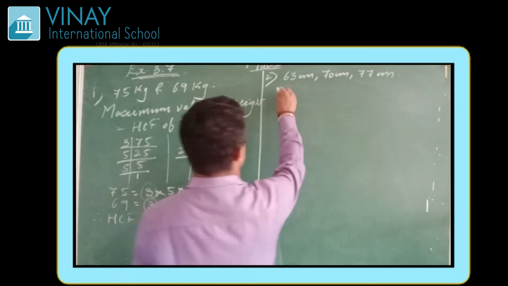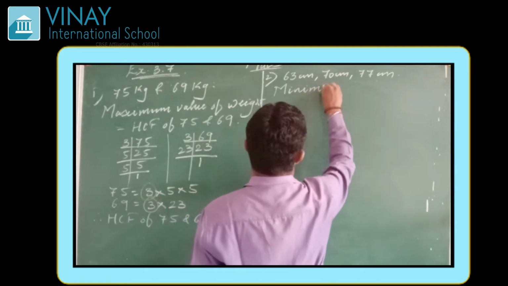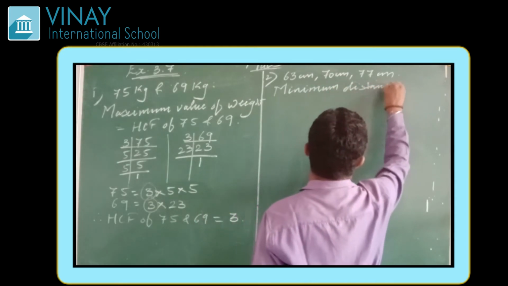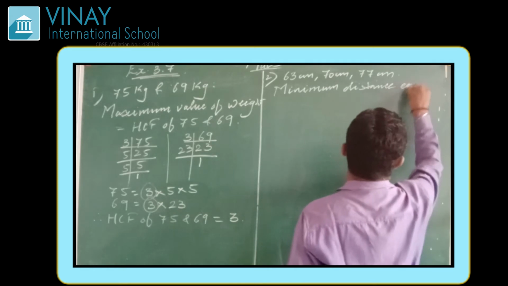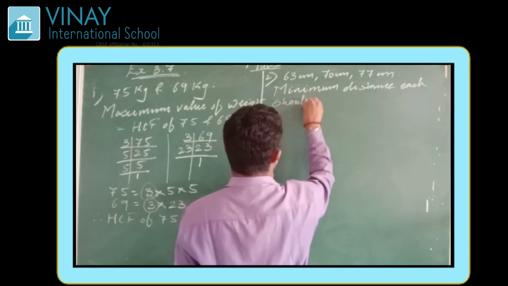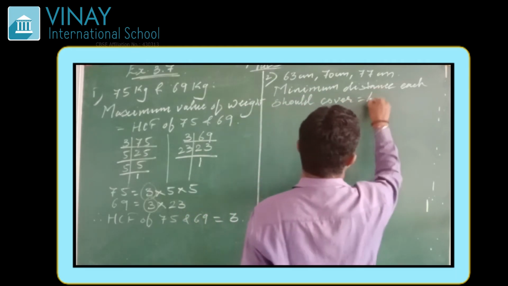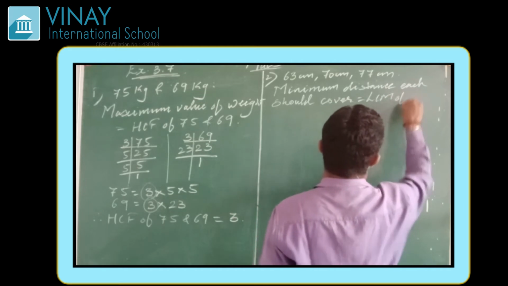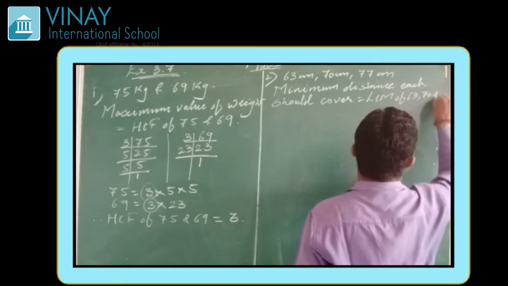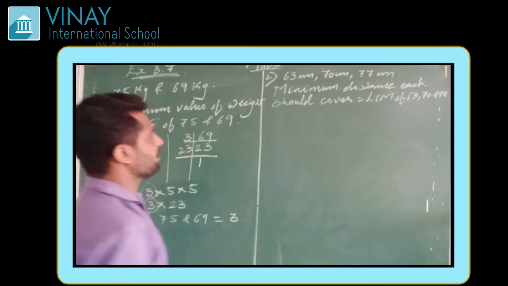So the minimum distance each should cover is equal to LCM of 63, 70 and 77.